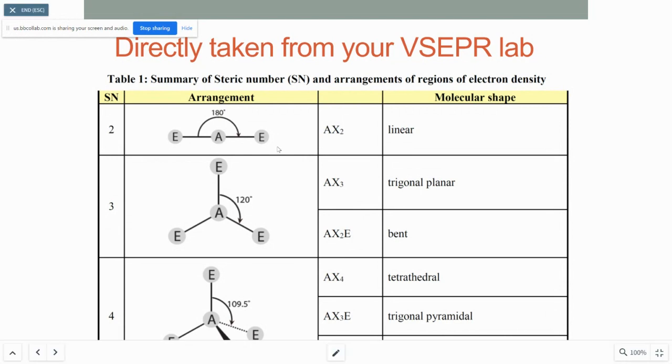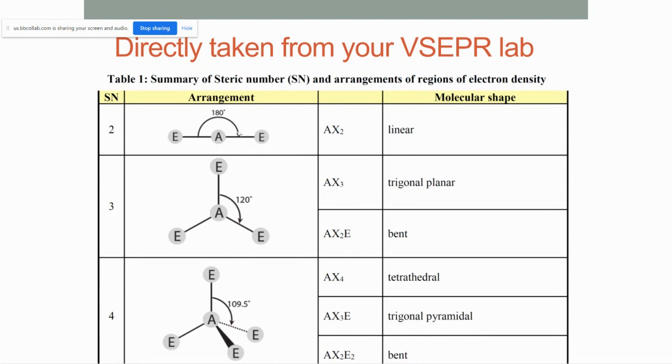All right. So let's see if you have AX2. It says linear. So instead of E2, you have X and X. But do you see how this bonded pair is going to be counted as one steric number? This other bonding pair is going to be counted as two steric number. Again, steric number is the same as electron groups.